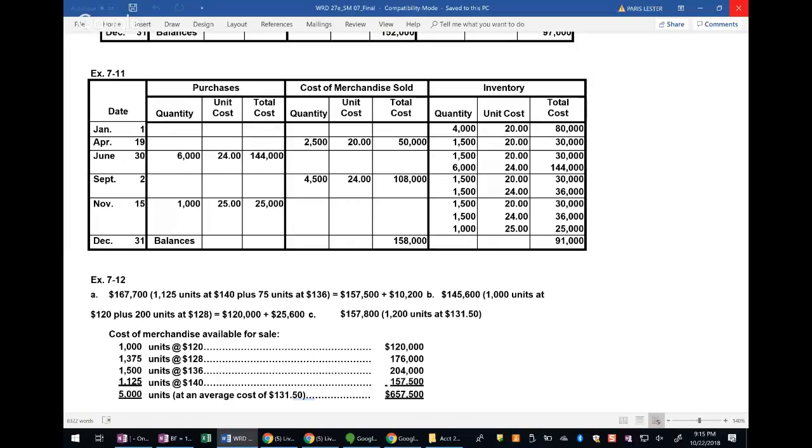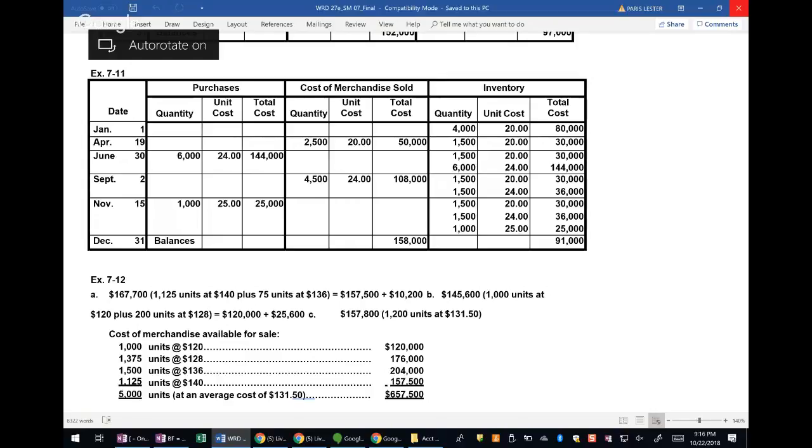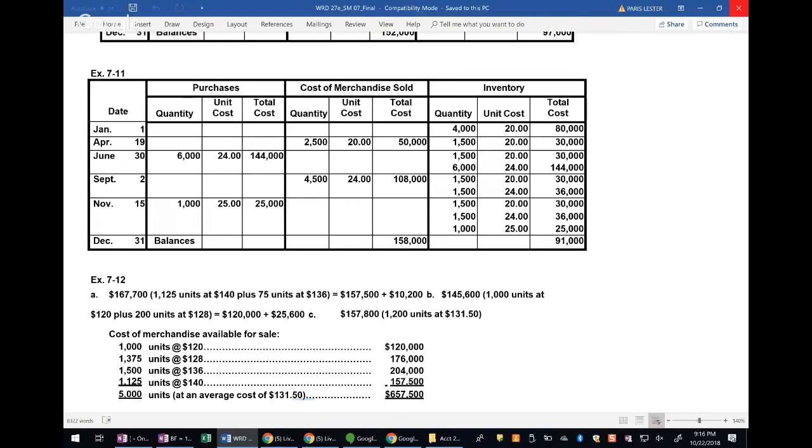All right. Now your average is $131.50 times 1,200 units, which is 157. Now you can see that the average is between the other two. Not exactly between, it's not a midpoint thing, but it is in between.